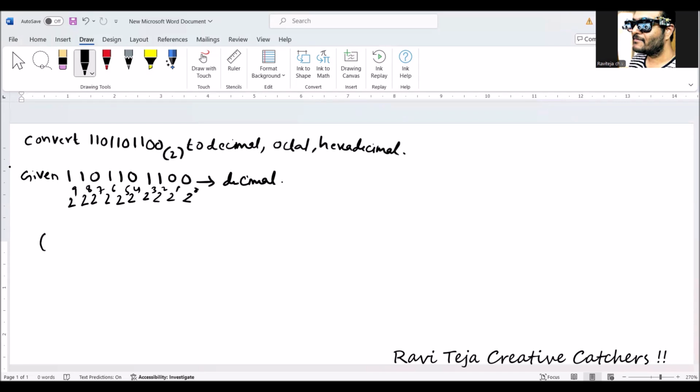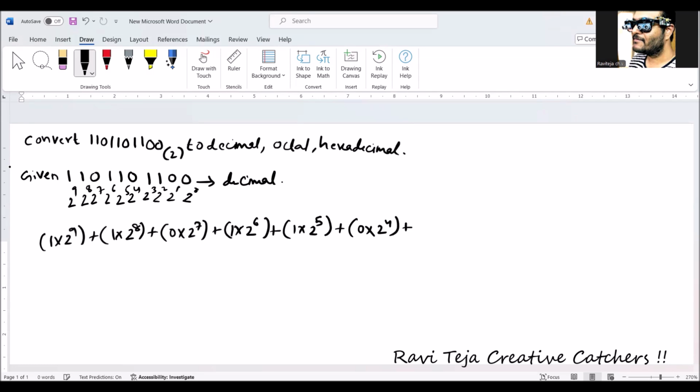So this can be written as 1 into 2 power 9 plus 1 into 2 power 8 plus 0 into 2 power 7 plus 1 into 2 power 6 plus 1 into 2 power 5 plus 0 into 2 power 4 plus 1 into 2 power 3 plus 1 into 2 power 2 plus 0 into 2 power 1 plus 0 into 2 power 0.